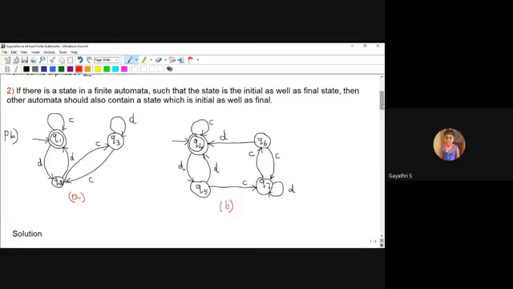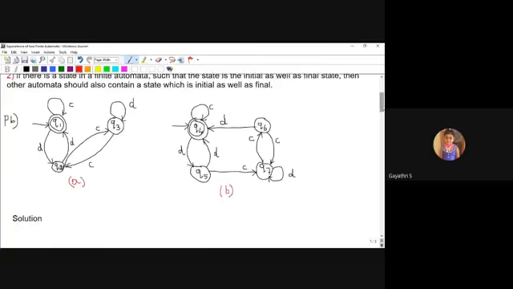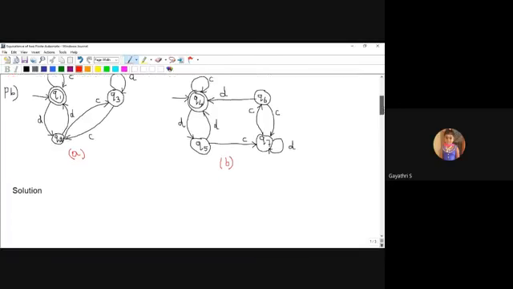So condition number 2 is also satisfied. If in finite automata 1 the initial state does not act as a final state, then in finite automata 2 also the initial state will not act as a final state. So the two basic conditions are satisfied, and there are no hurdles to proceed with the problem. Now let me see how to solve the problem. Solution.